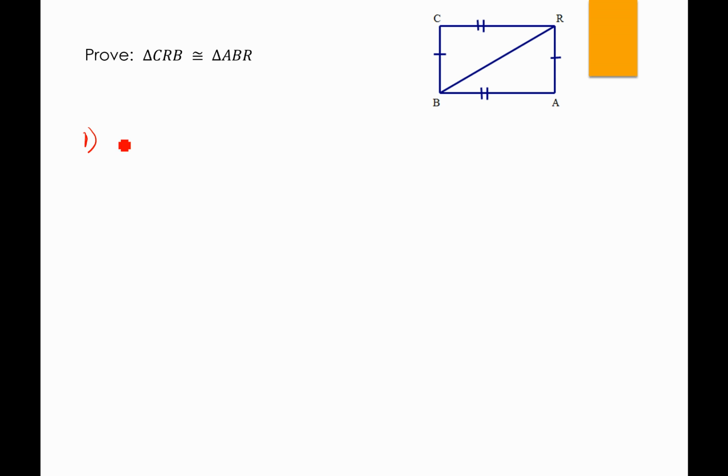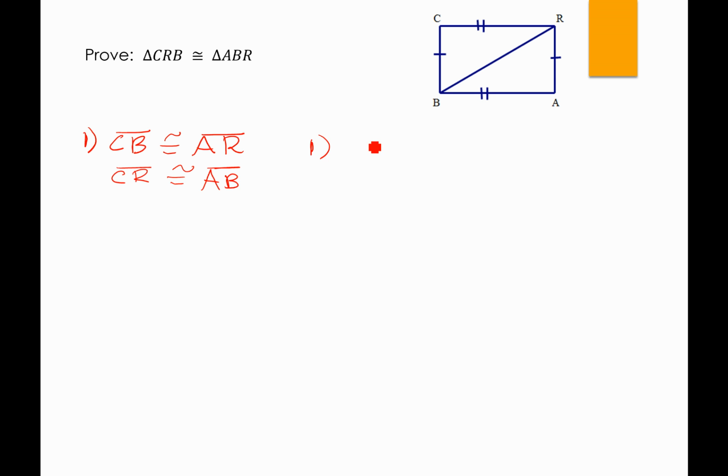I've got CB, according to this diagram, congruent to AR, and I have CR congruent to AB, according to this diagram. Okay, so that's my given.